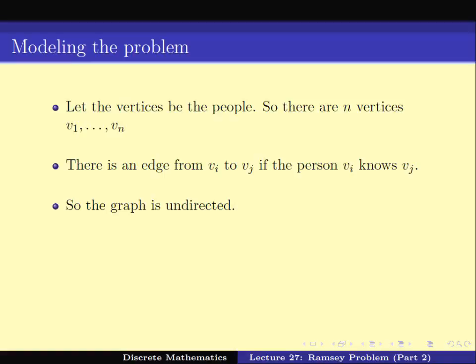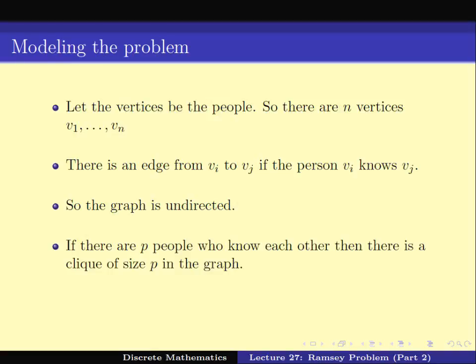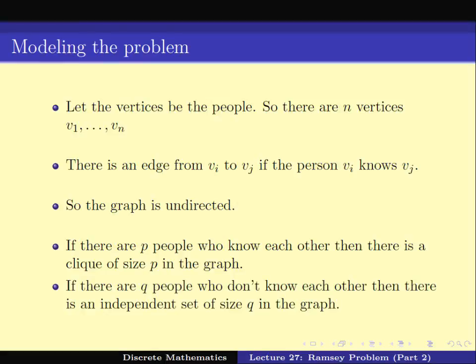And what are we looking at? We want to find p people who know each other, meaning there are p vertices such that between any two vertices there is an edge. That means there is a clique of size p. Similarly, if I am looking for q people who don't know each other, in other words, there are q vertices such that between any pair of vertices in this set there is no edge, so we get an independent set of size q.